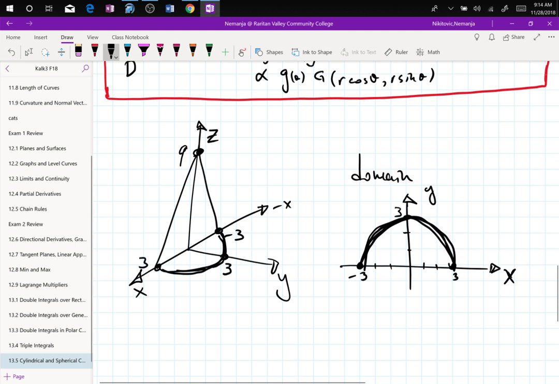We know what the equation for this is, right? X squared plus y squared equals 3 squared, which is 9. But then you solve it for y, which is the square root of 9 minus x squared. It's a positive square root. The negative square root is on the bottom, but we don't have a bottom. It's just the top.